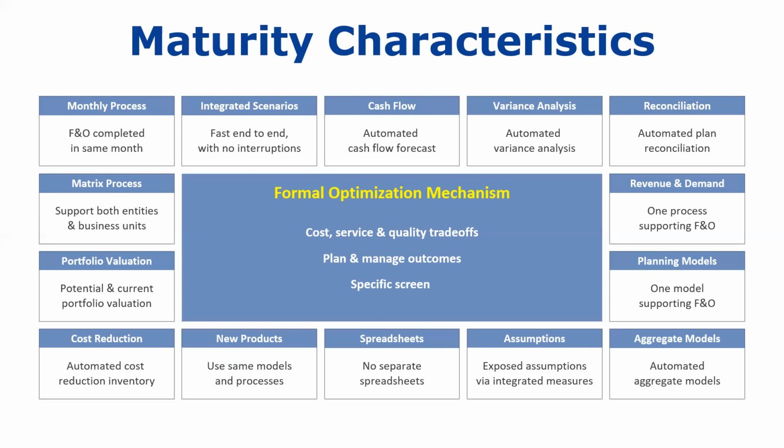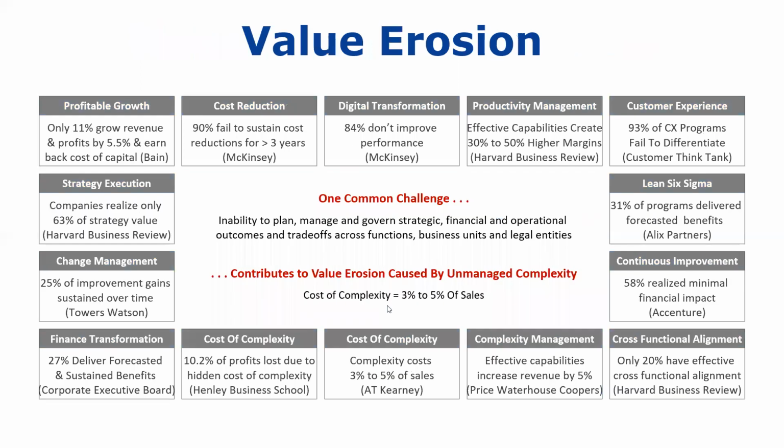Now, there are some implications of not having this. This screen shows you various research studies that show the impact of not having this. Ultimately, what's common to all of these different research studies is that the value erosion they depict comes from companies lacking an ability to plan, manage, and govern outcomes and trade-offs across functions and entities.